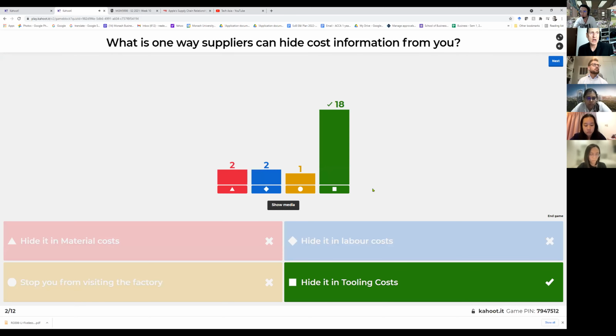They're definitely going to hide it in the tooling costs. Remember, they can't hide it in labor costs because everyone knows what labor costs are. They can't hide it in material costs. Everyone knows what material costs are. Stopping you from visiting the factory, you can still figure out what the costs are. But in the tooling costs, that's where they can hide it. So you understand some of the strategies.